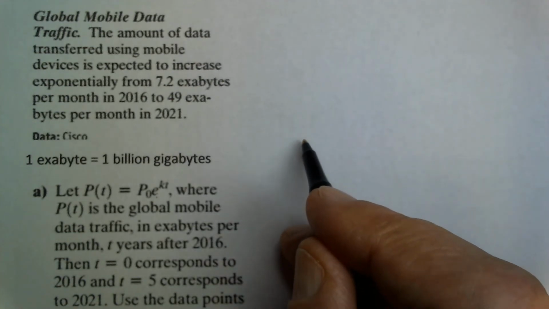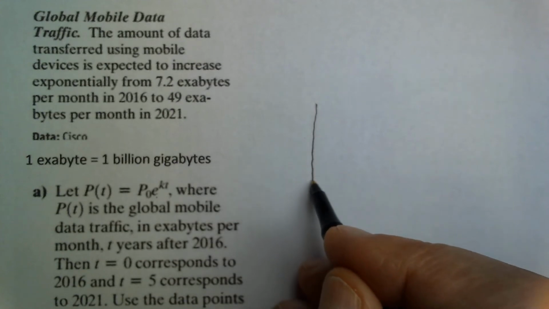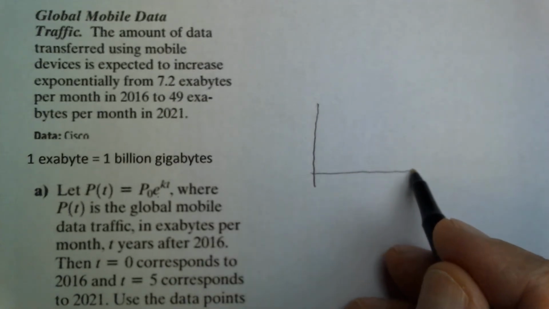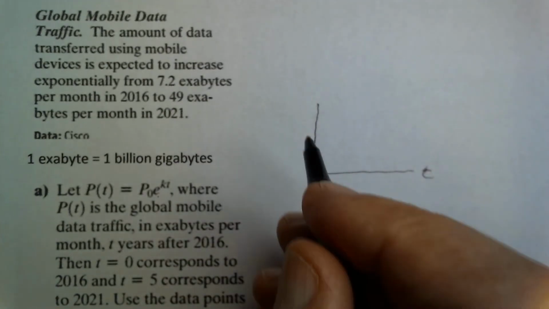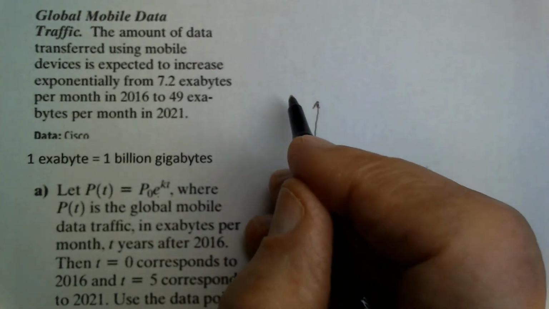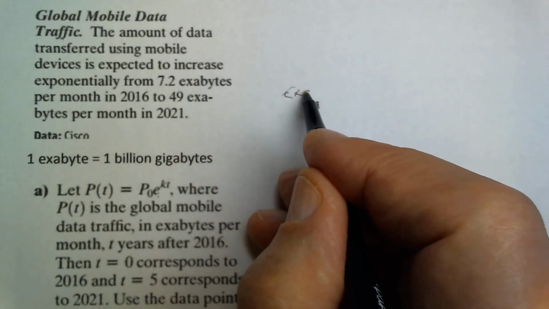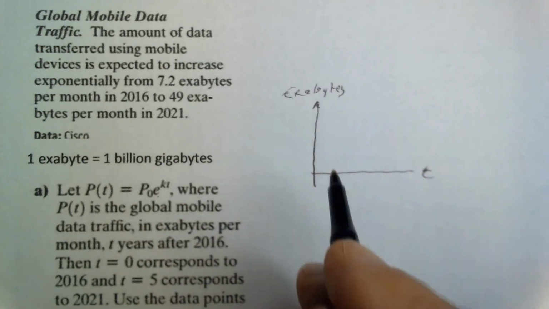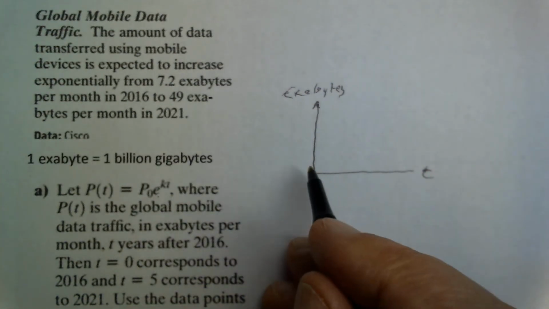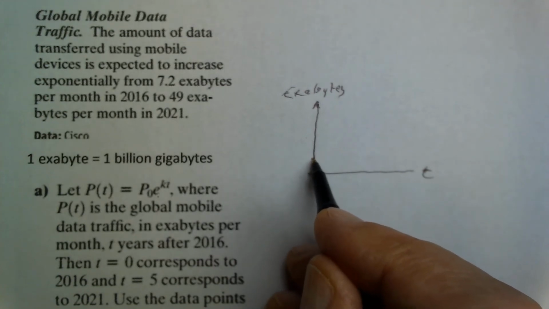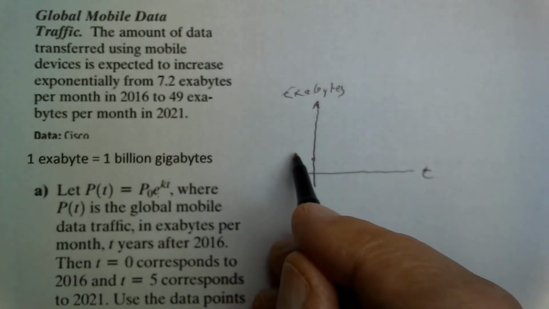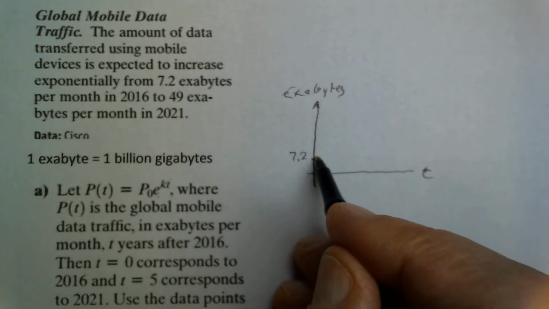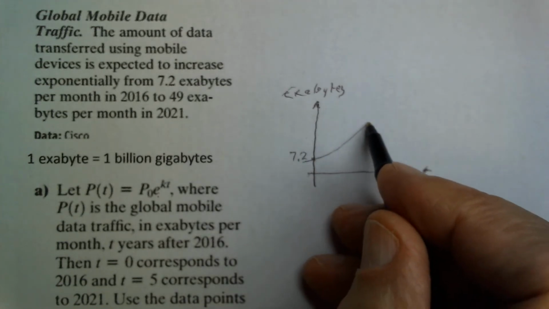So if we do a little sketch here, it's t on the horizontal axis and the number of exabytes on the vertical axis. Then when t equals 0, it's at 7.2. So the growth function is going to look like this somewhat.